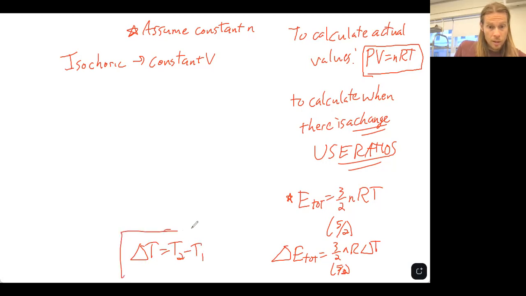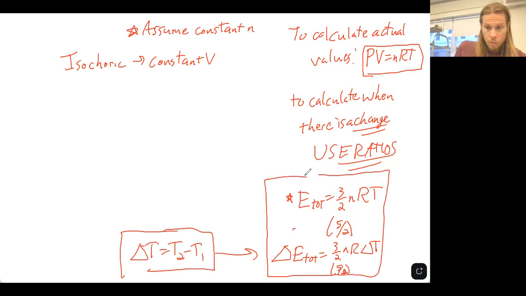It's the change in temperature. So really, we want delta E total when we're dealing with a thermodynamic process. Let's just say 5/2, and that's an N, of course.